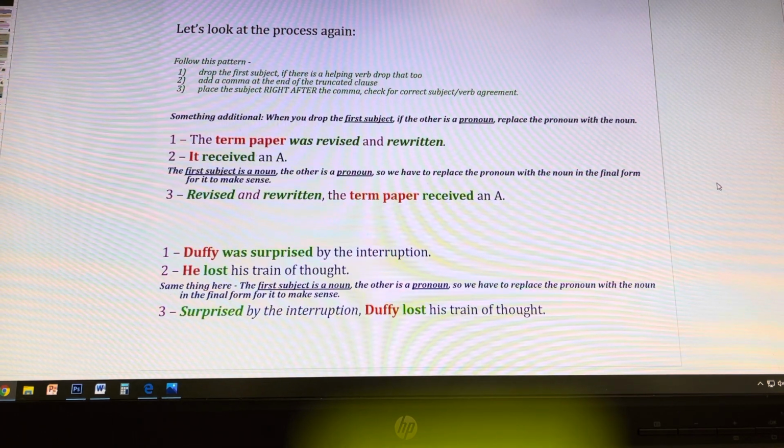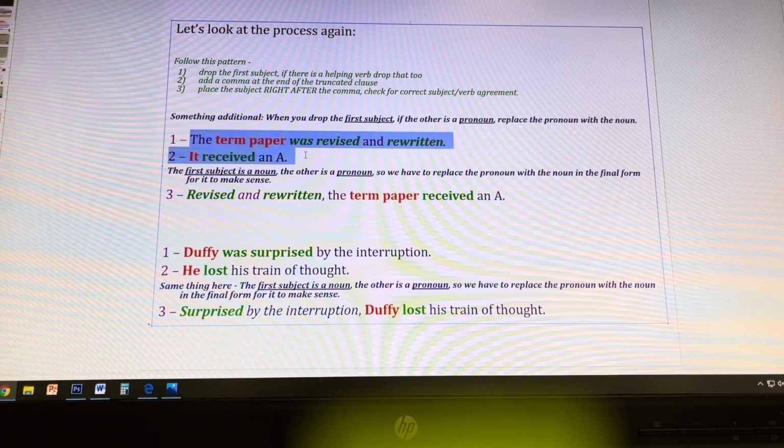So let's look at the process again. Remember, it's the exact same one that we used for the ing modifier. So let's look at a little bit more difficult one in that we have a pronoun, because I'd rather give you the more difficult ones in the practice and explain them. The term paper was revised and rewritten.